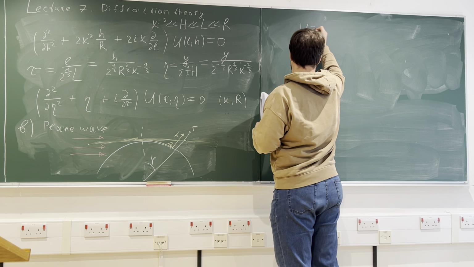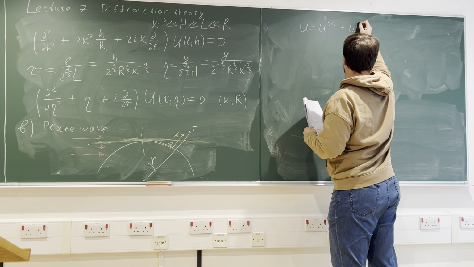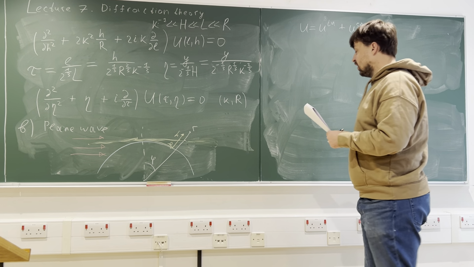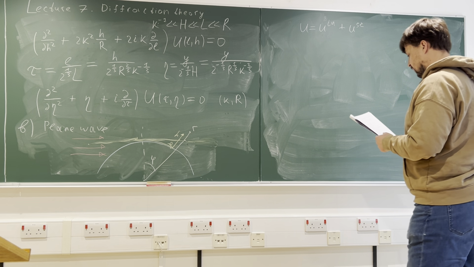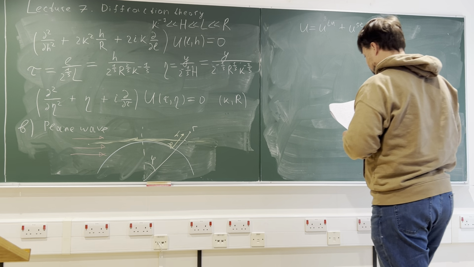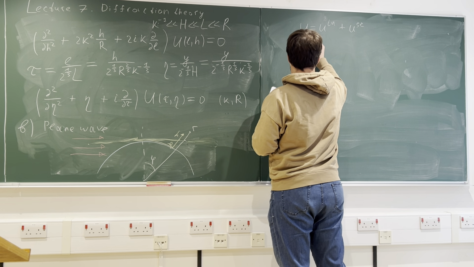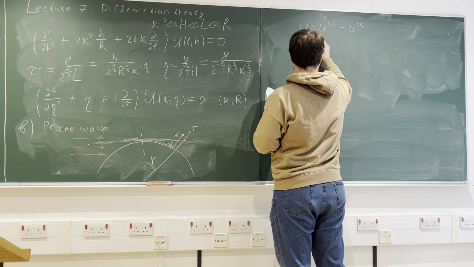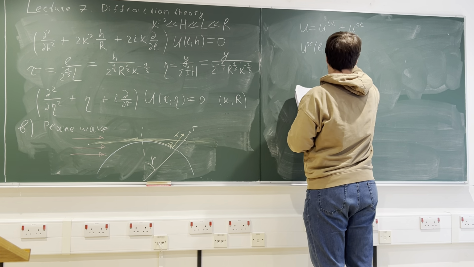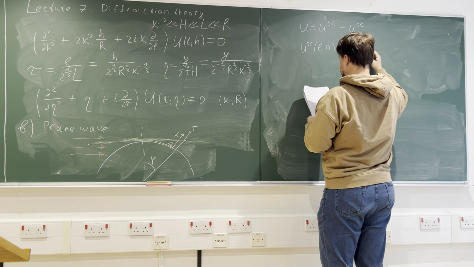So we present the total field as a sum of the incident and scattered wave, the incident wave we had before on the blackboard, and on the boundary we have a Dirichlet condition, written down like this.